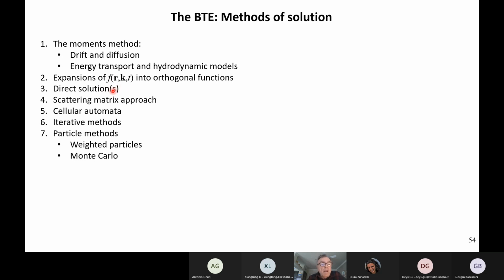I should have talked first about iterative methods, but you can solve the Boltzmann equation by iterations, and we'll discuss this briefly. There are some historically interesting concepts here. The scattering matrix approach, this is something that I wanted to talk about.